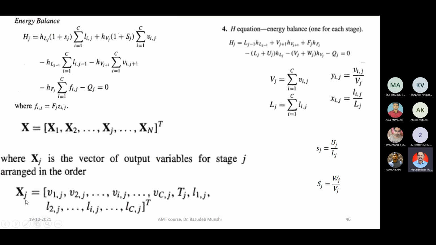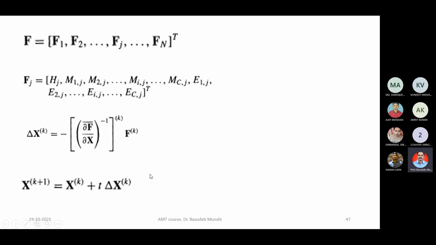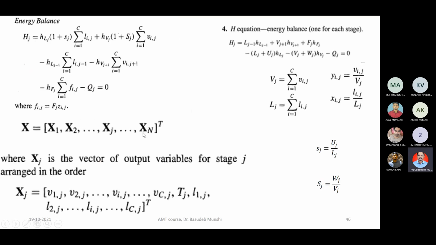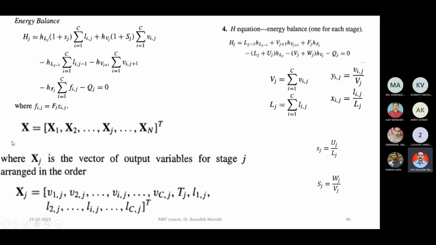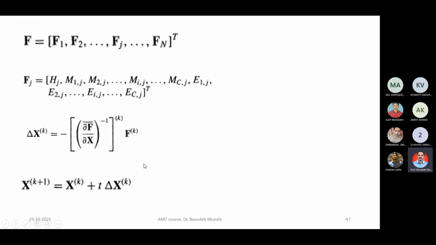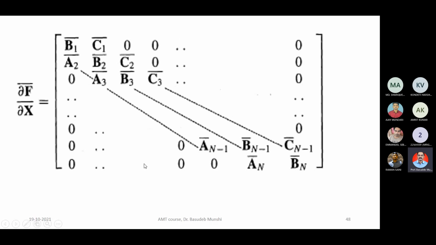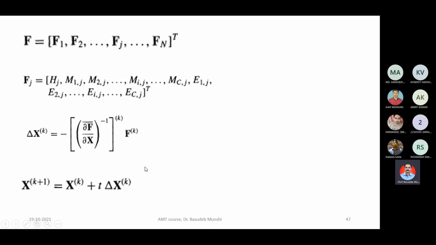Vector x is nothing but this. So we can find the modified values of xk, which are nothing but these values, using the Newton-Raphson method. Okay, clear?